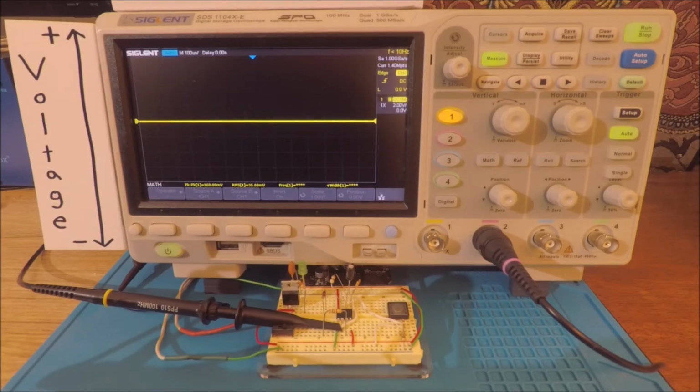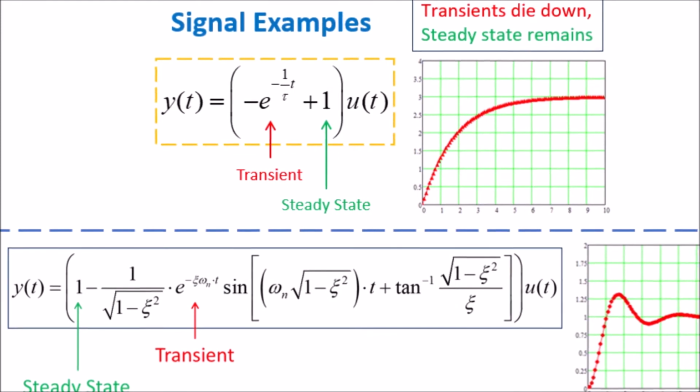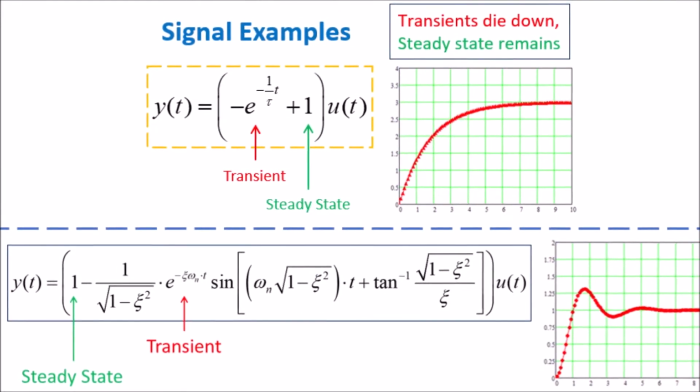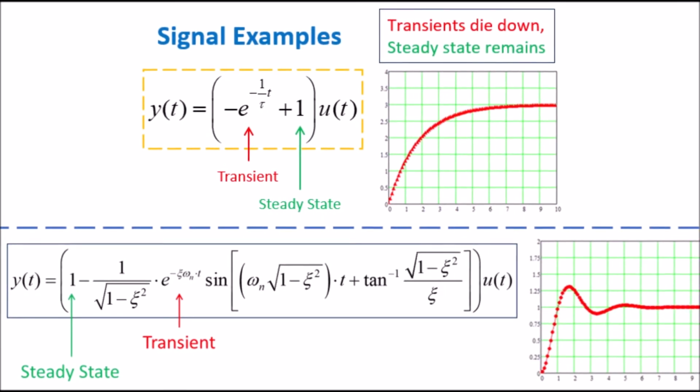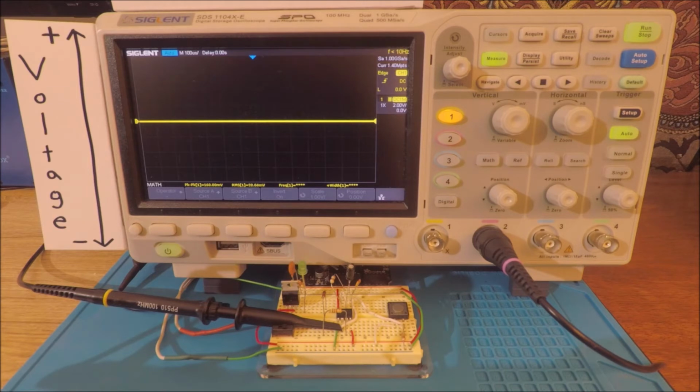We can also use the trigger feature to capture the transient portion of a signal. Mathematically, we might handle the transient portion with some exponential term followed by a steady state value. When we were in continuous mode or auto triggering, we were essentially measuring the steady state values of the periodic signals, of the continuous signals.